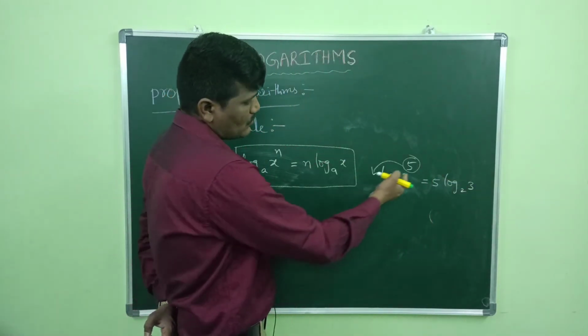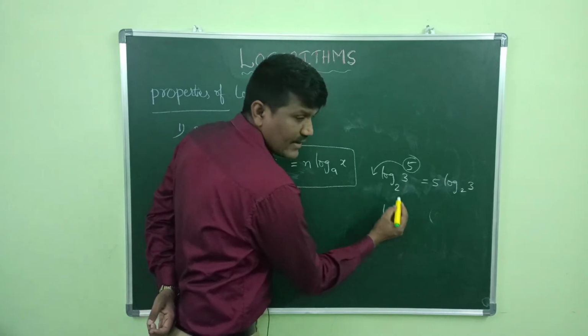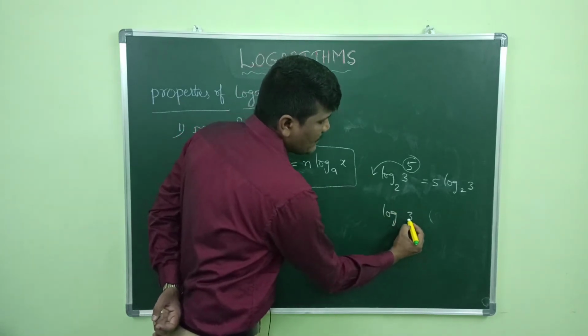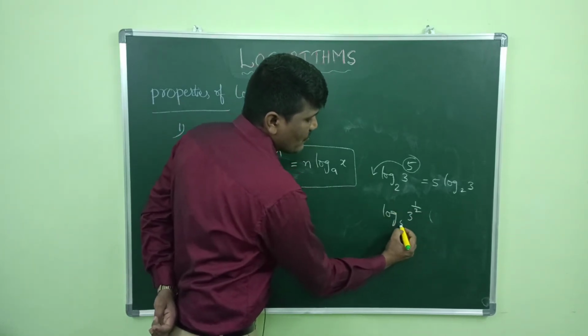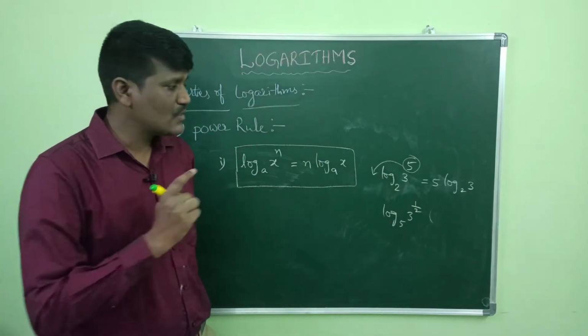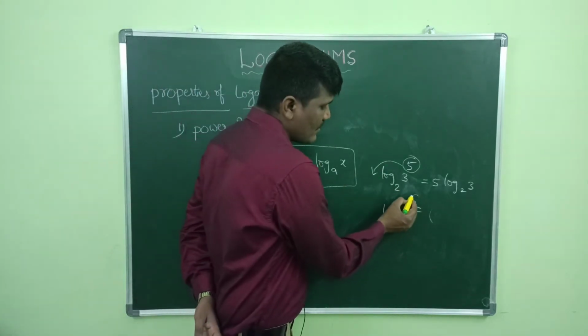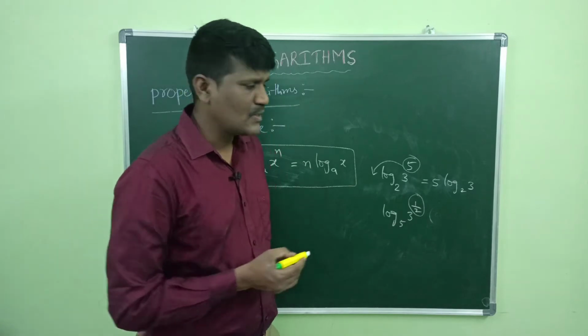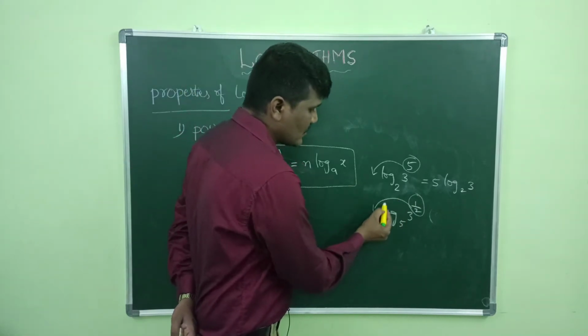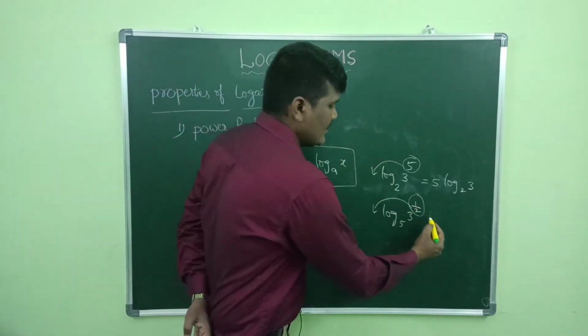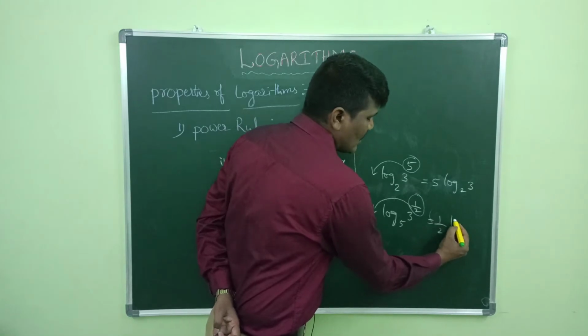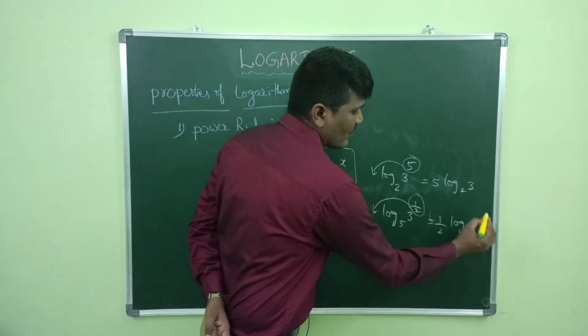One more example: suppose I take log 3 power 1 by 2 to the base 5. What is the power here? The power is 1 by 2. So bring the power in as the coefficient, and you will get 1 by 2 log 3 to the base 5.